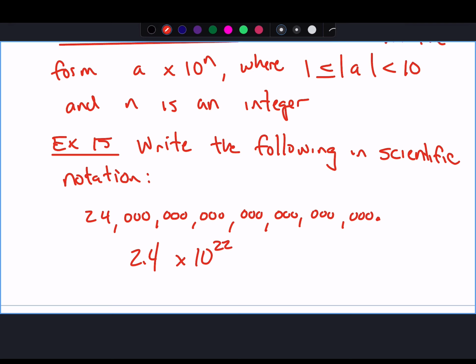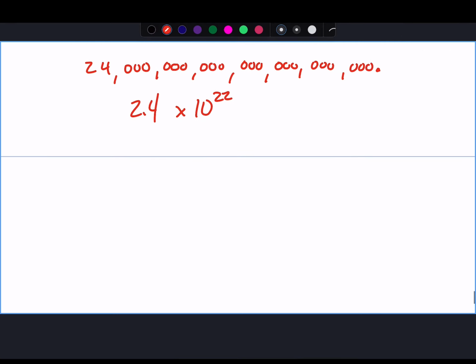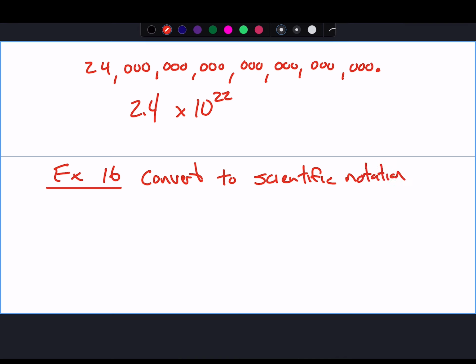Okay, let's do another example. I think we'll have time for both. Example 16. We want to convert to scientific notation. And this time our number's a little bit smaller. 36 million. So our decimal starts here. How many places do we need to move it?